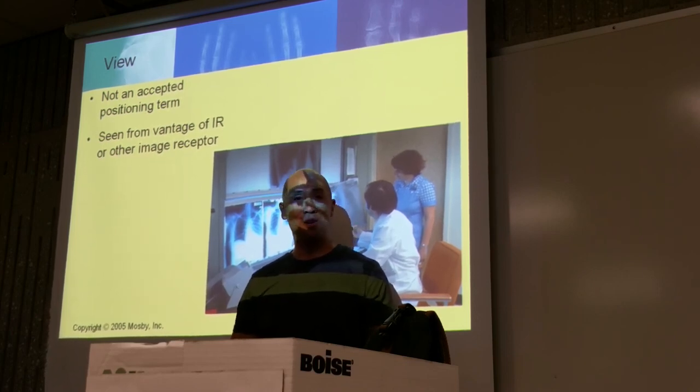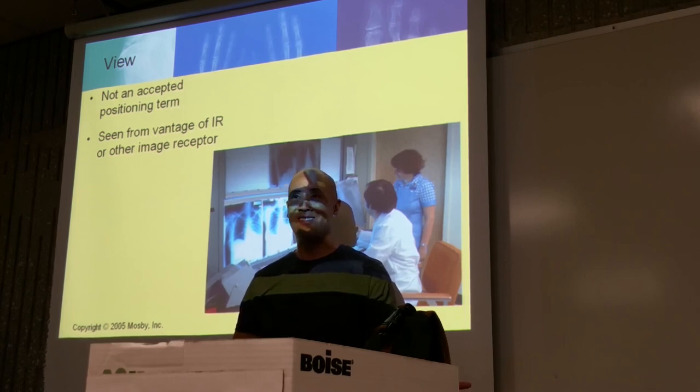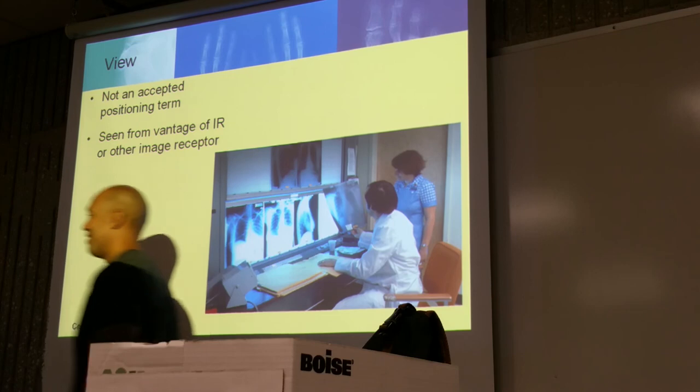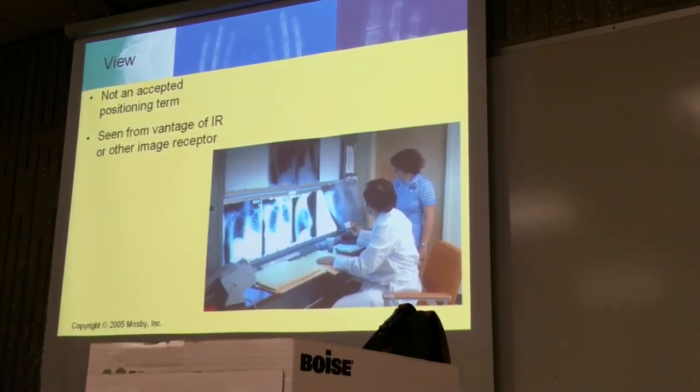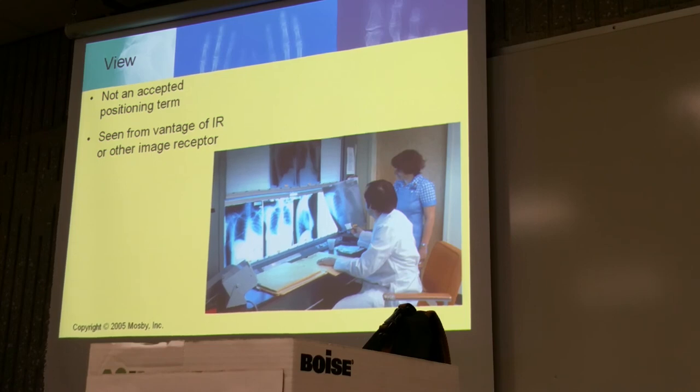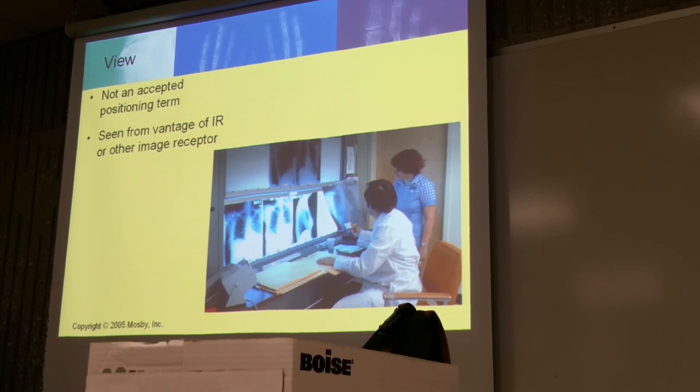It's going to be a PA view, so it's just the opposite. We'll talk about that later on. Just remember that we don't use view quite often, but when we talk about view, we're talking about the perspective of the image receptor, the opposite end. We talk about the pathway of the X-ray beam, but we also talk about the opposite, what is being viewed at the image receptor end.